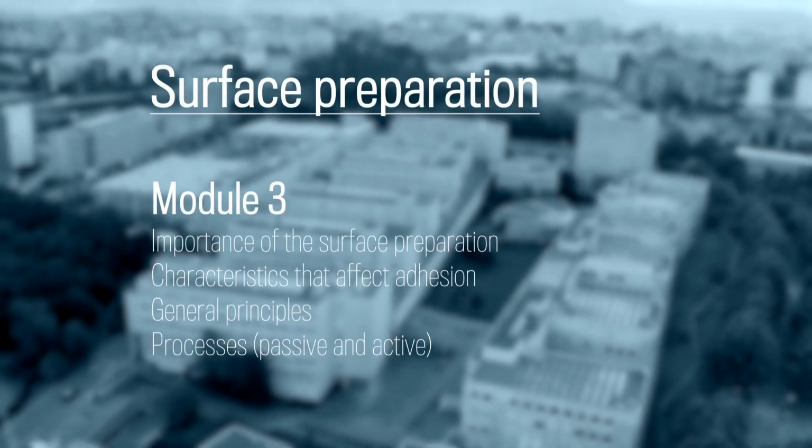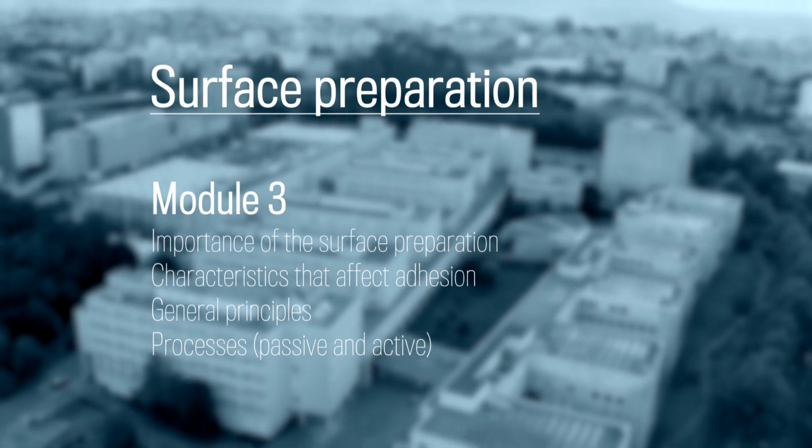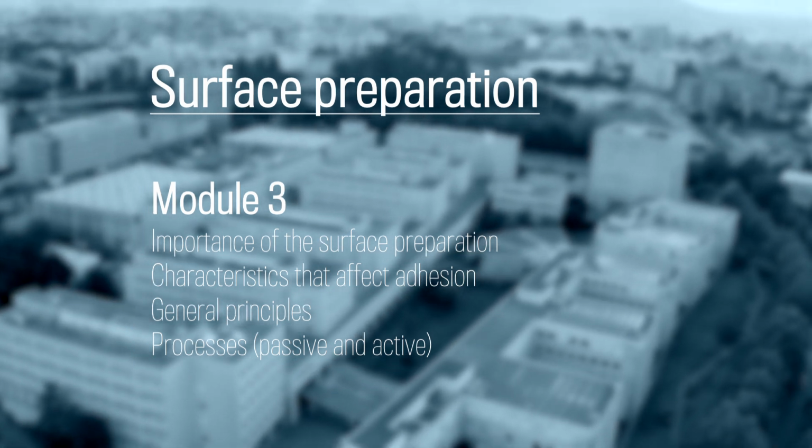If we know the theory of adhesion, then we understand that we need to apply a surface treatment to the substrate. That's what we are going to see in Module 3, surface treatments. We know from the theory of adhesion that we need to apply a surface treatment if we want to have a good adhesion.